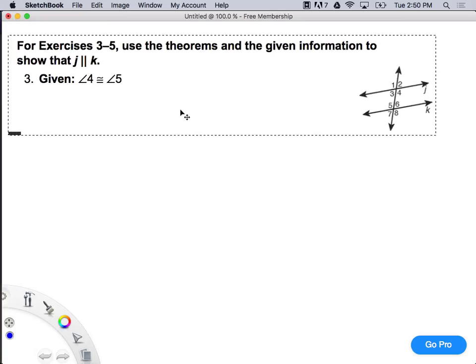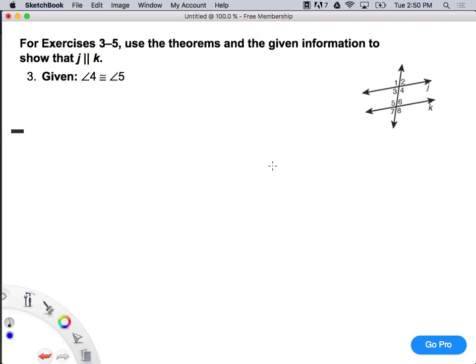Here it says, use the theorems and the given information to show that J is parallel to K. It says angle 4 is congruent to angle 5. So let's highlight that. Well, how would I describe that pair of angles?